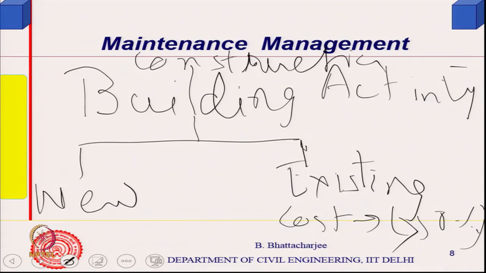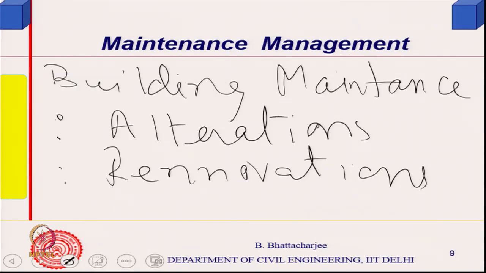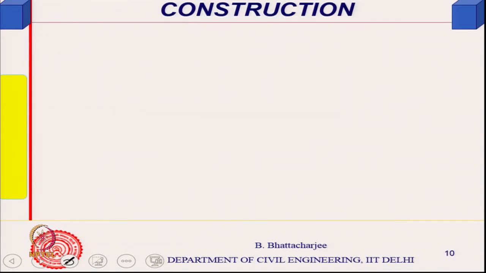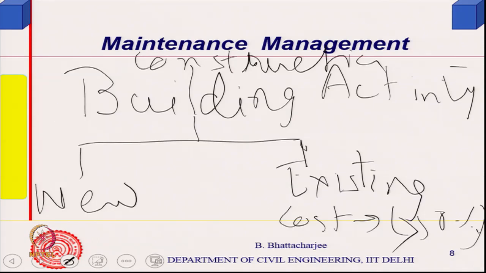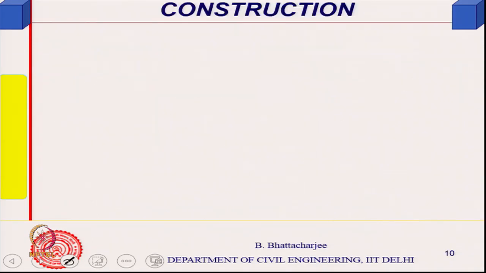Now, this diagram, I might write it something like this. I will have building activity, that is what I was calling it.